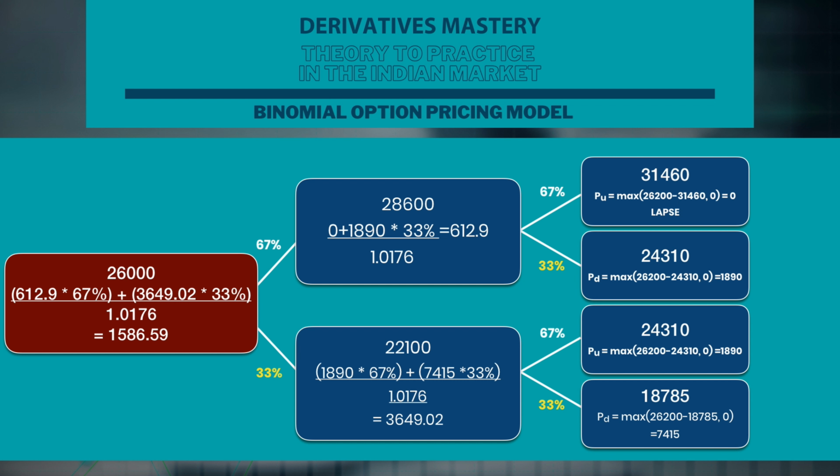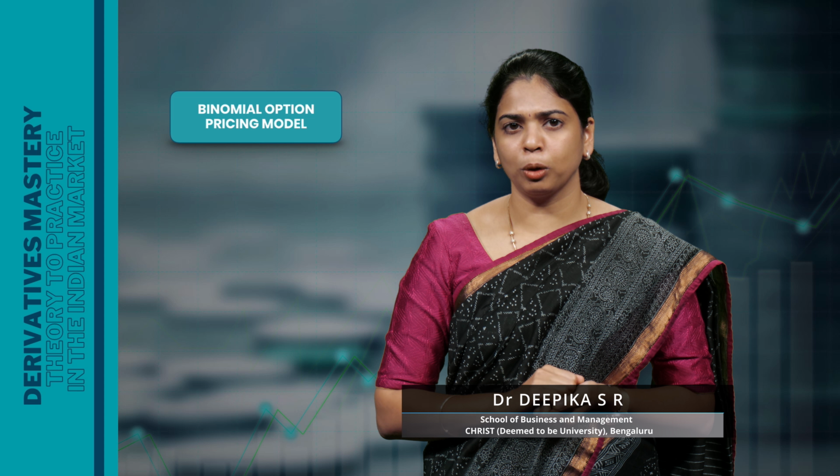Let us find the weighted average and discount the values back to the present. So 612.9 into 67% plus 3,649.02 into 33% divided by 1.0176 gives us 1,586.89. So this is the fair value of the put option.